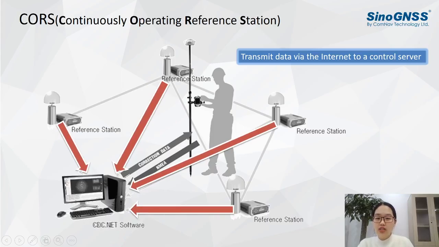As we can see, the data is transferred by the internet. So it's very important to have reliable internet access, and also the power supply for both the reference stations and the control server.